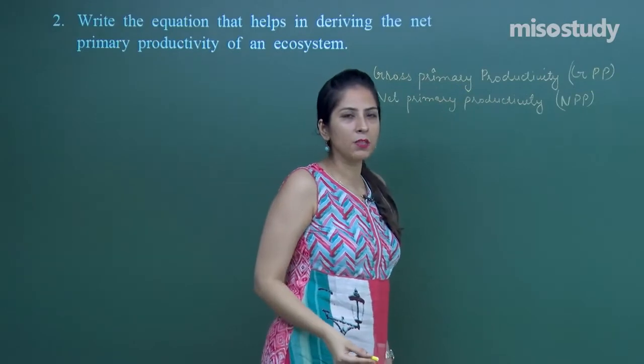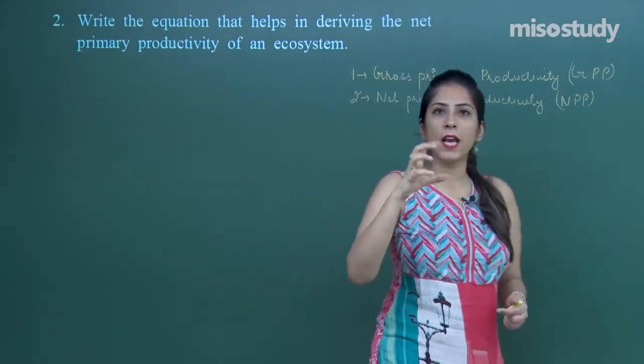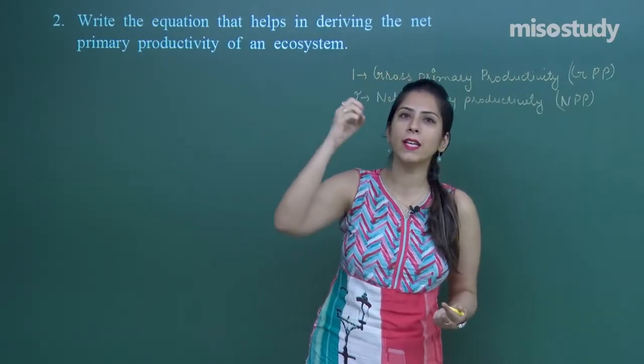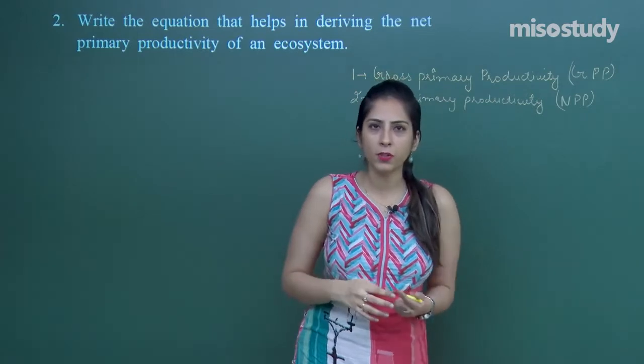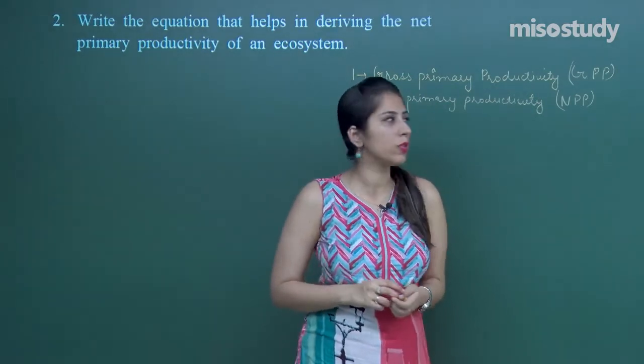GPP means the rate at which organic substances are produced by plants when sun rays fall on them, and the process by which the organic substances are formed is called photosynthesis.